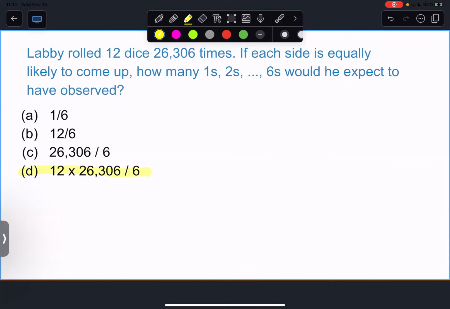12 dice rolled 26,306 times, right? I don't know what that number is. It's huge. And then I'm expecting to smear those all across 6 options, right?